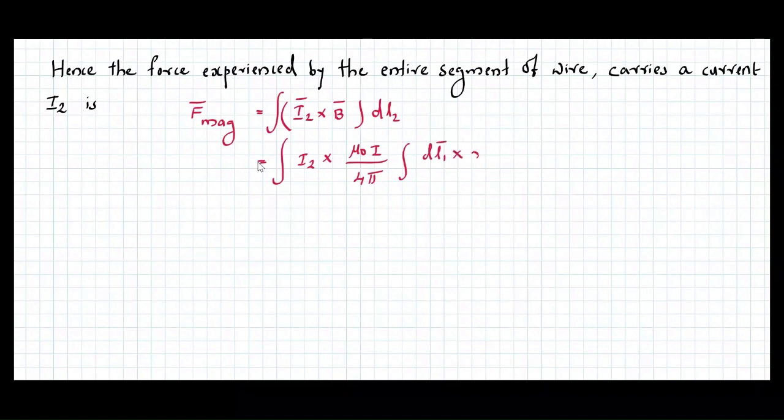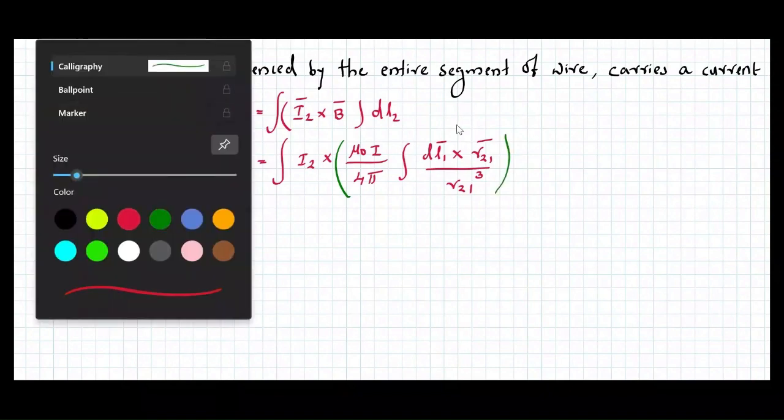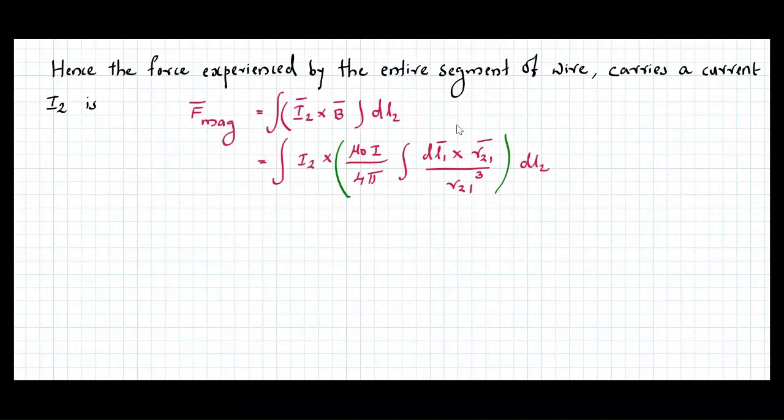What is B? B is nothing but mu 0 I1 by 4 pi integral dl1 cross r21 by r21 cube, the magnetic field produced by the conductor which carries a current I1.